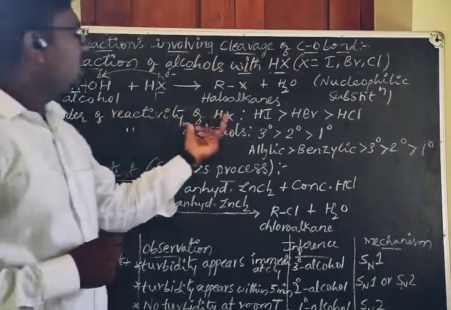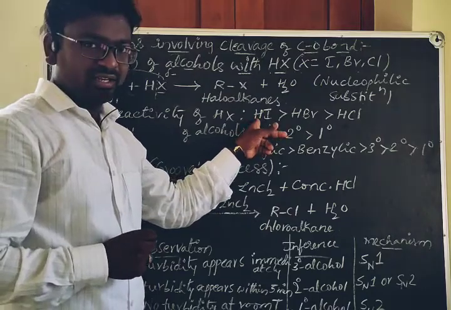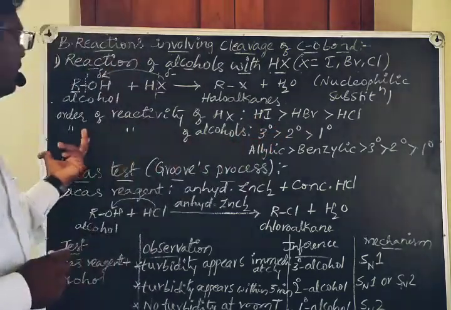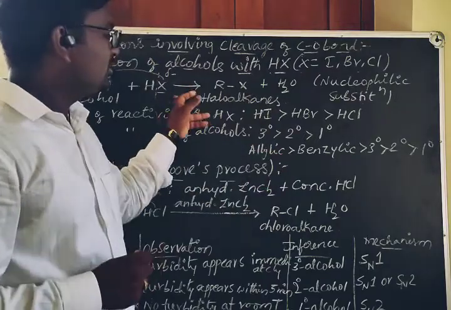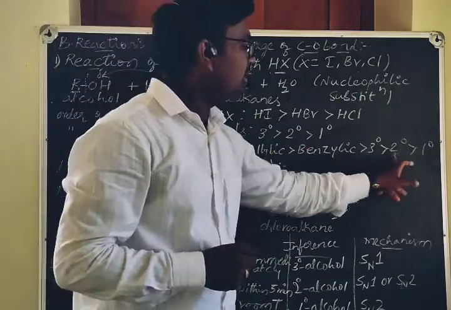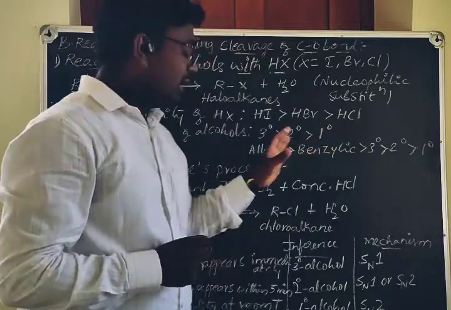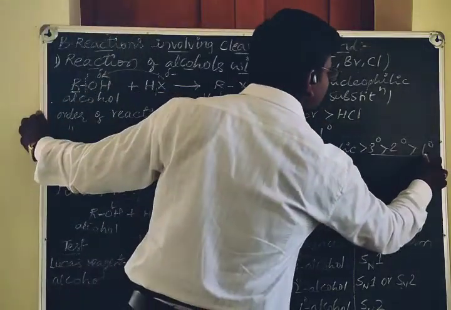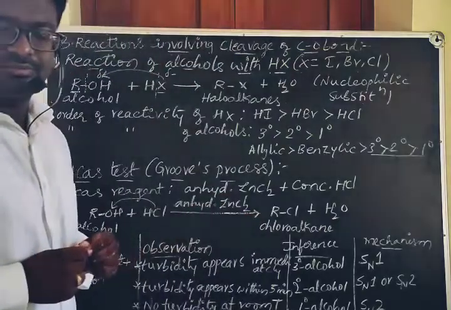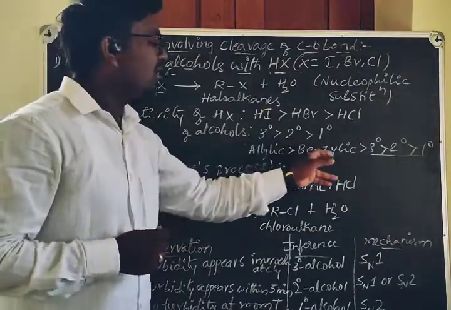Out of the hydrogen halides, HI is most reactive. Out of the alcohols, allylic alcohols readily undergo substitution, followed by benzylic, tertiary, secondary and primary. In the Lucas test, we are only talking about these 3 types of alcohols, not allylic or benzylic.